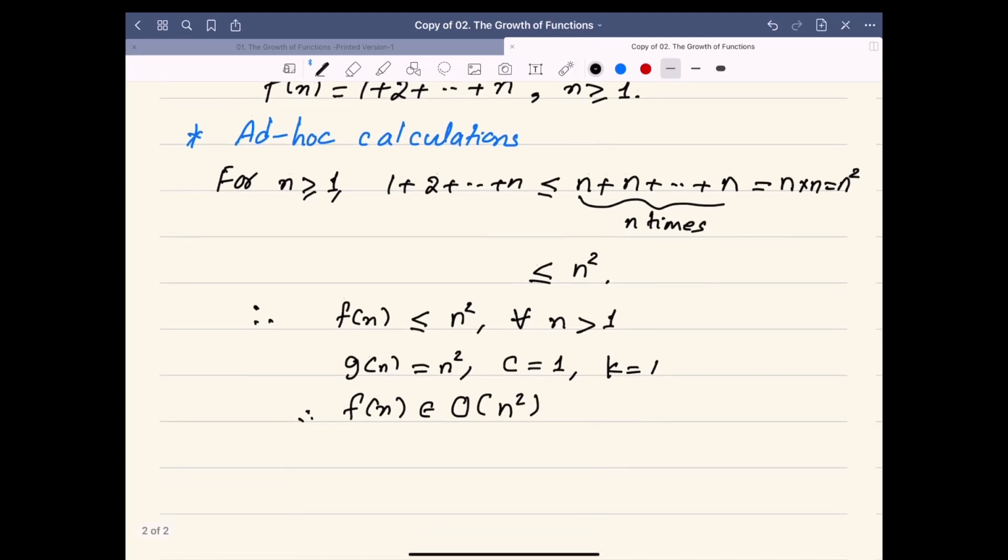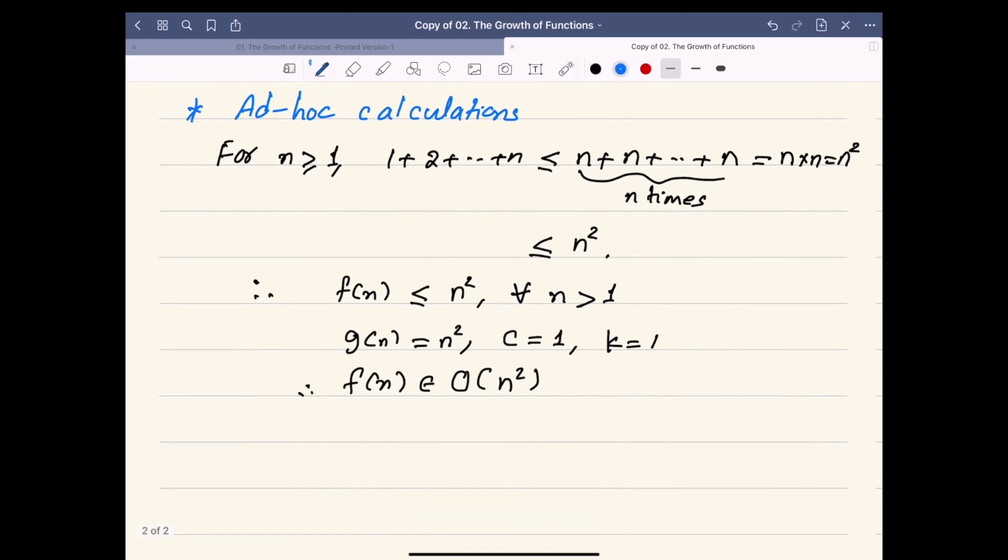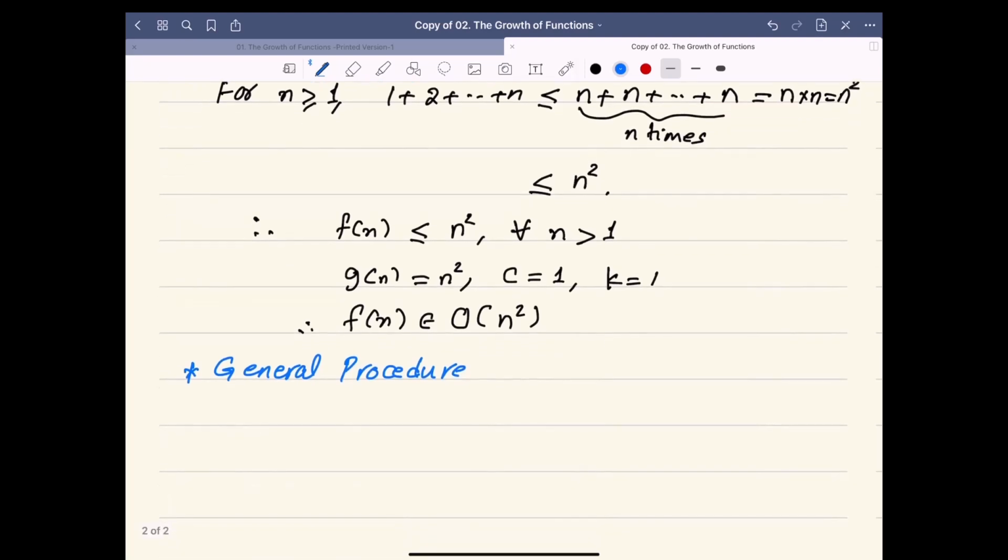Now using the general procedure, remember we apply it on polynomials, so we have to write the function as a polynomial. You know that f of n is equal to the summation of i goes from 1 to n of i, and there is a closed form equation for the summation of the first n integers.